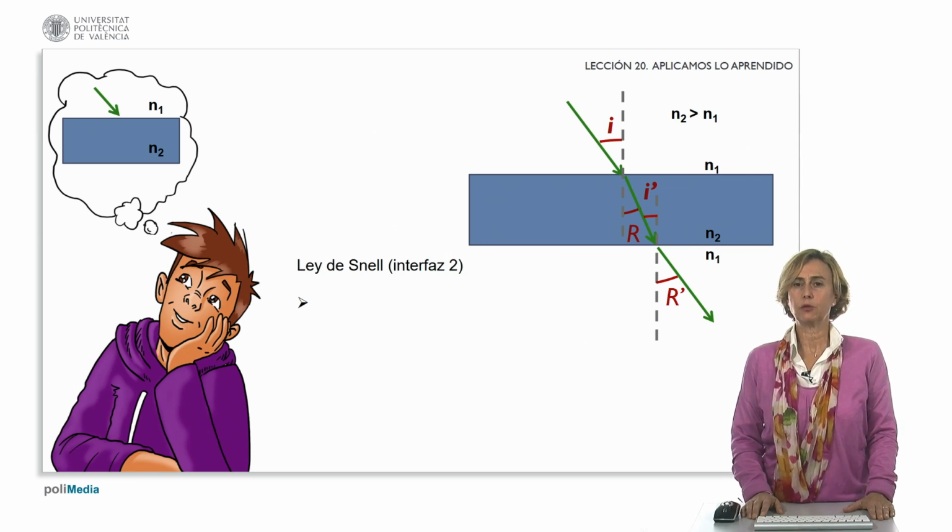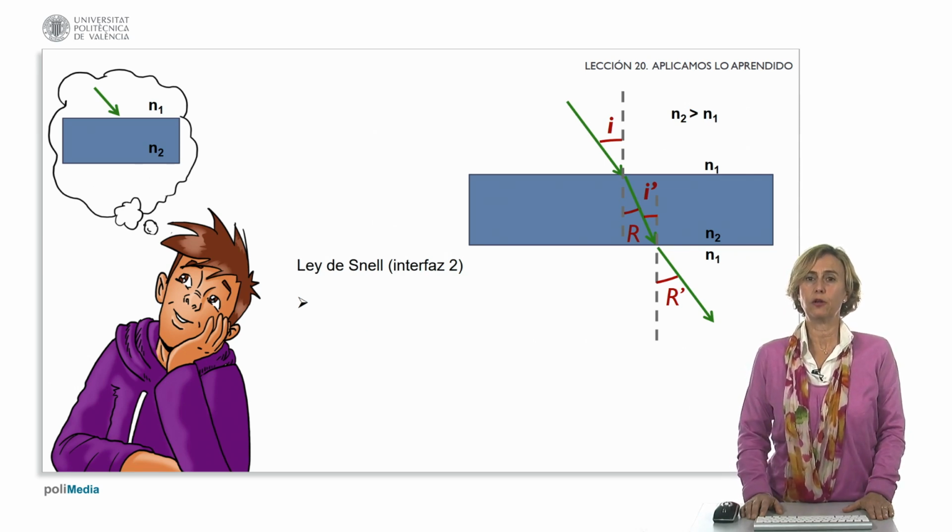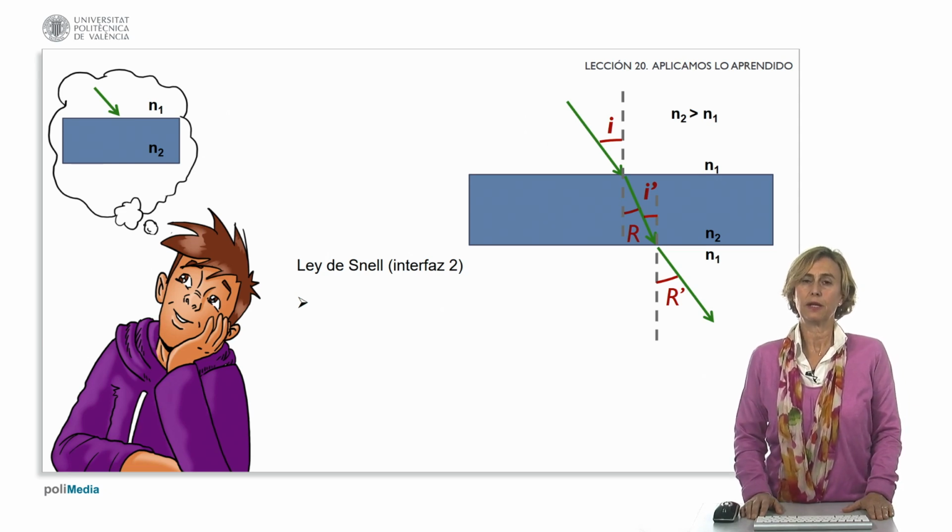Well, if we now want to know the angle of refraction R prime, which is the angle at which the ray exits, we will have to apply Snell's law again, but now to the second interface. Therefore, we will have a relationship between the incident angle and the refracted angle at this second interface, and the refractive indices.